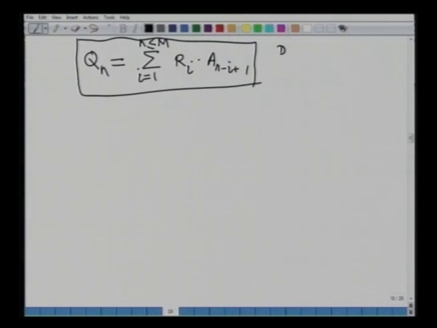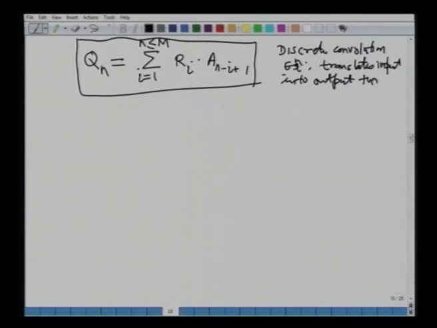This is your discrete convolution equation, which translates the input into output through time.